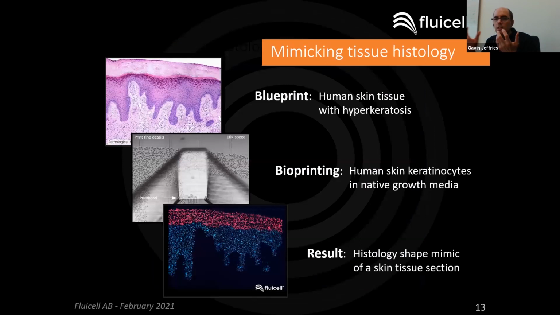So in this kind of example, what we see is a typical structural approach: we take a design of the structure of interest, a tumor or a particular cellular arrangement, and then we load the bioprinting device, namely the printhead, with the cells that are required to build that tissue of interest.